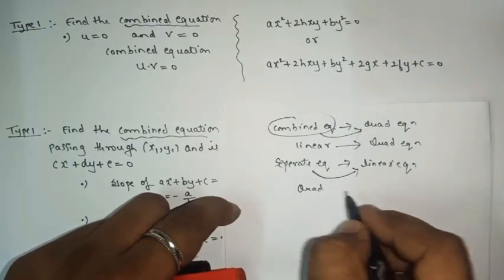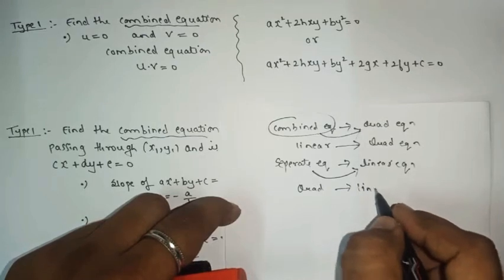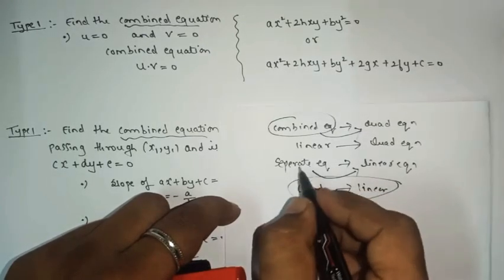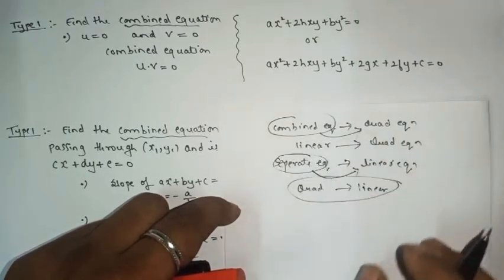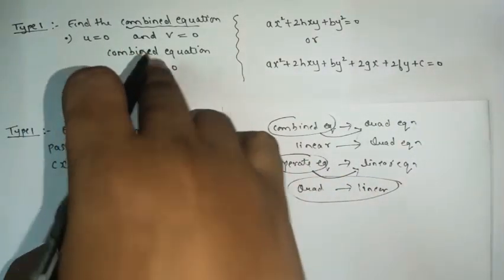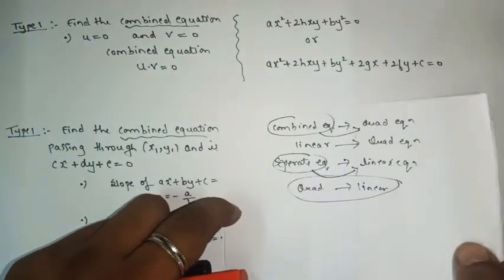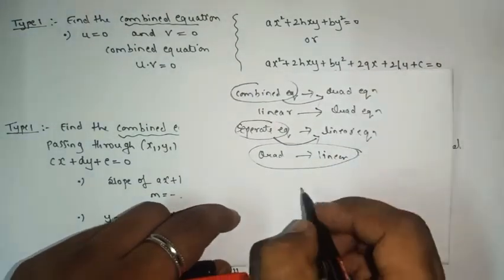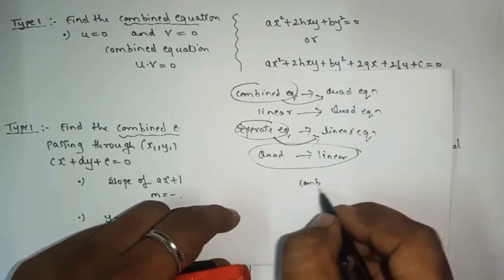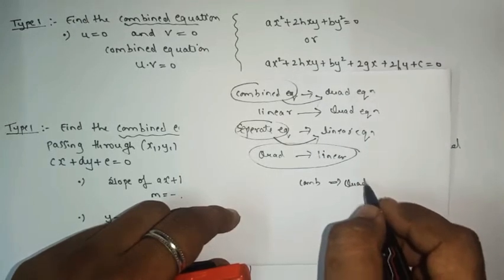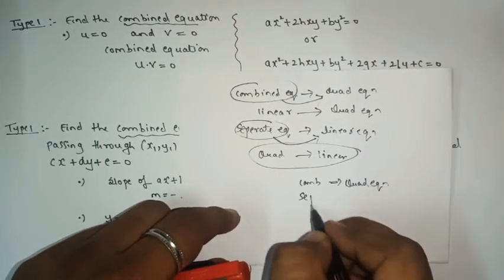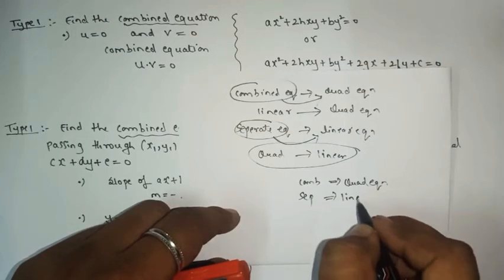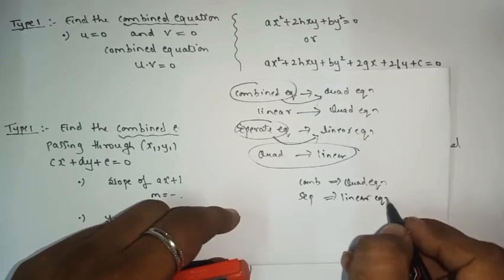Converting quadratic into linear is known as separate equation. So there are two types of sum. Type number one is based on combine, type number two is based on separate equation. So remember, combine means quadratic and separate means linear. Like this you can keep it in your mind.